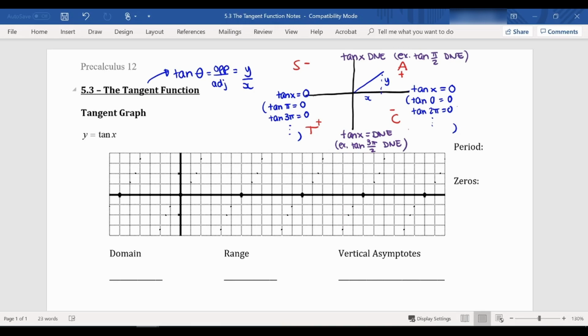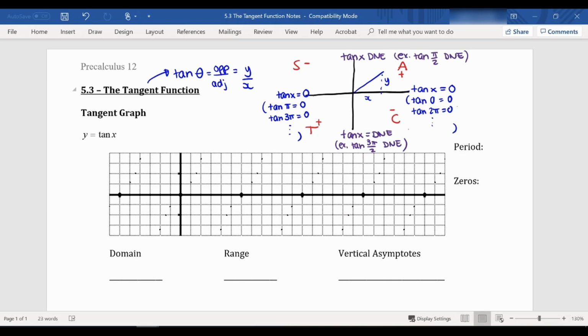And so what that means is that if we travel around our quadrant system from the positive x-axis where our angle is 0, our tangent would be 0, then positive, then not exist, then negative, then 0, positive, not exist, negative, and it goes in this cycle.